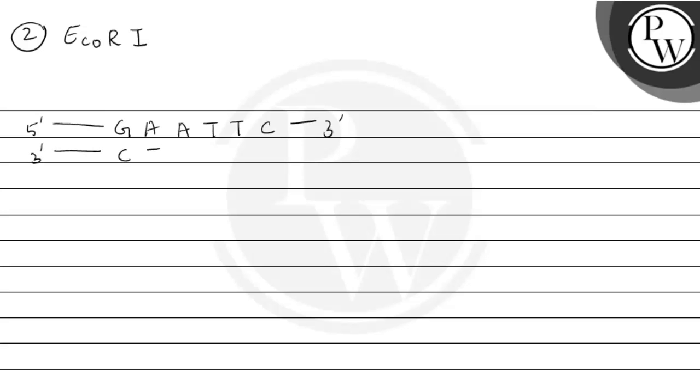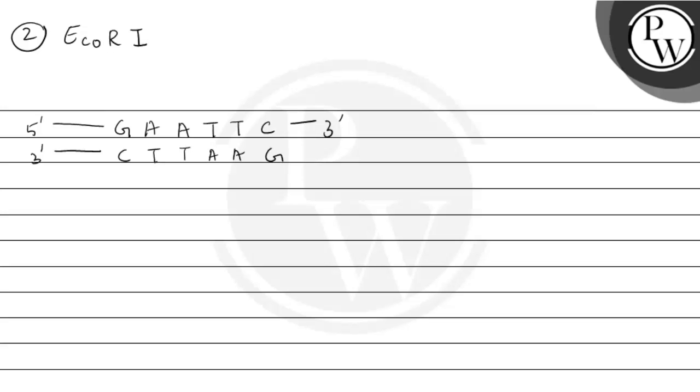Now similarly, for the second option, that is EcoRI, this enzyme also has a recognition site as follows: GAATTC, and the complementary sequence CTTAAG.